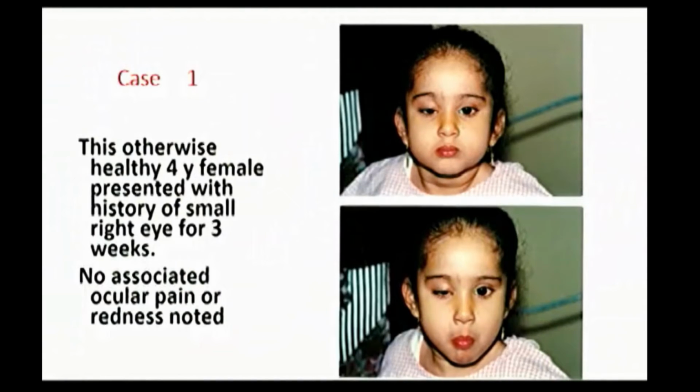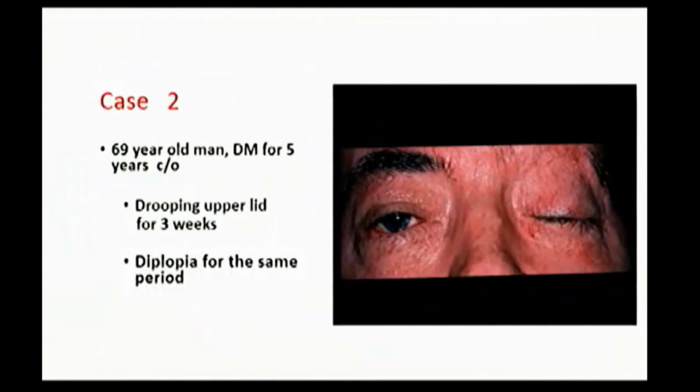Two, 69-year-old male, diabetic for 5 years, presented with drooping of the upper eyelid and diplopia for 3 weeks. This is how he presented, and this is what you see when you open the eyes. Primary position, looking right, left, up, down.